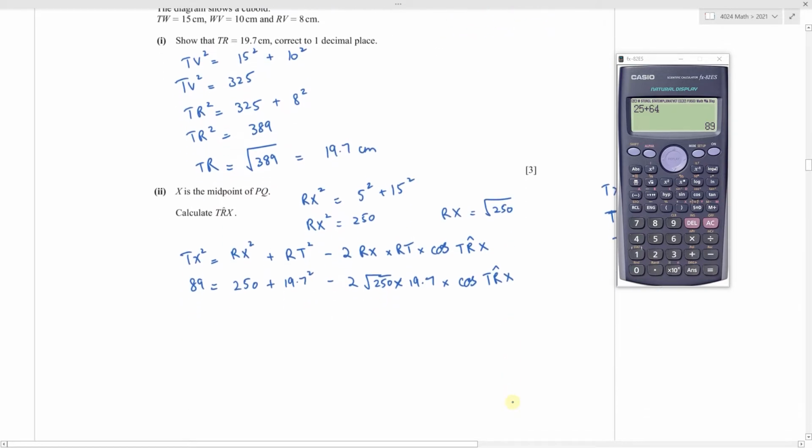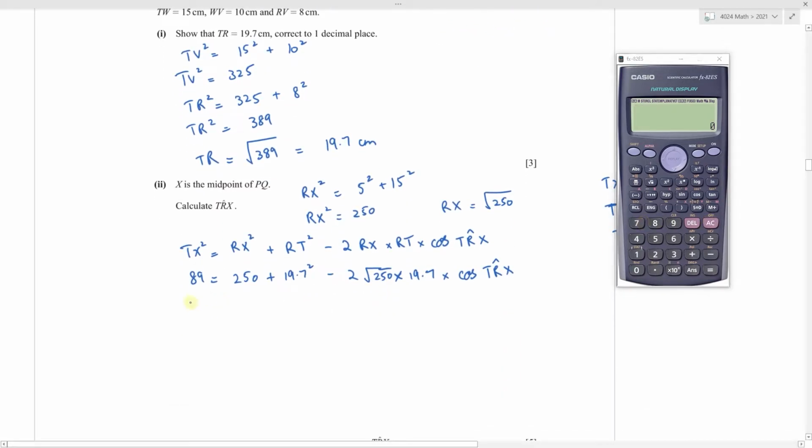So let's solve this equation. So I'll take these to the other side. So this will become 89 minus 250 minus 19.7 square.